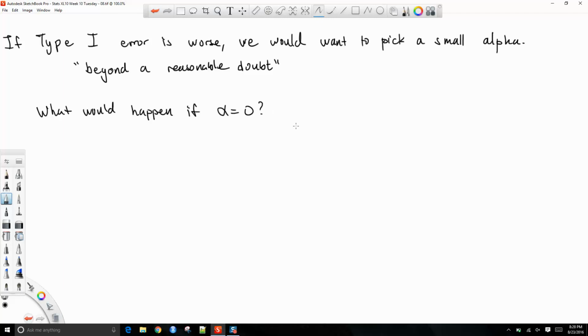To be absolutely certain that the judge never sends an innocent person to jail, what would have to happen? The only way is if this judge acquits every single person.